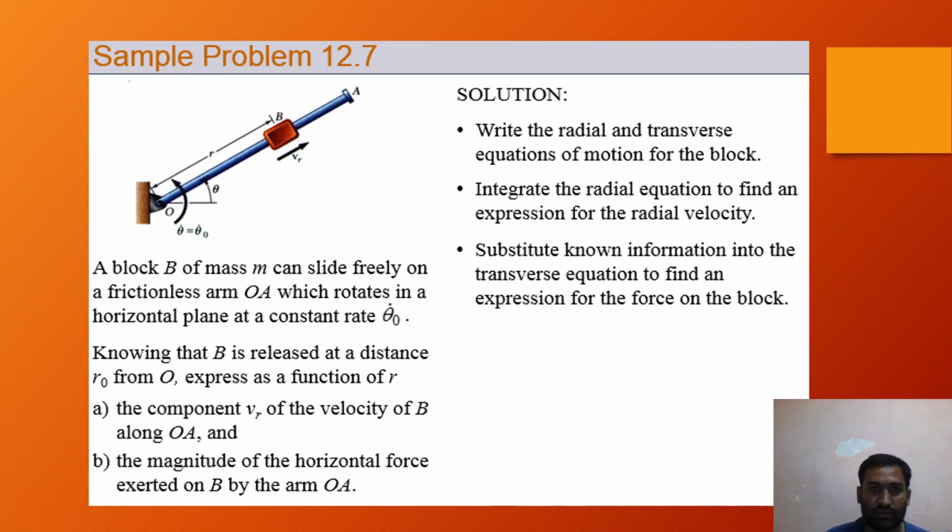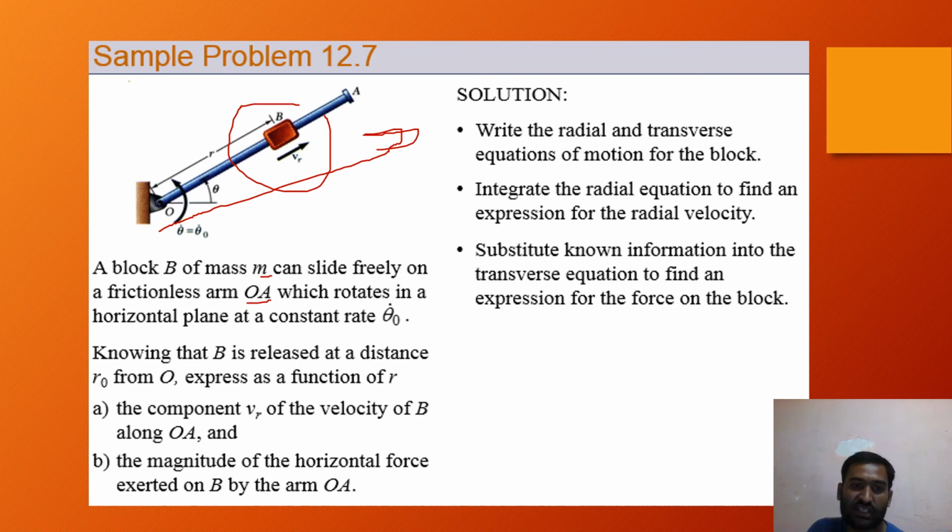Here a sample example is given. A block B of mass m can slide freely on a frictionless arm OA, which rotates in a horizontal plane at a constant rate theta dot 0.